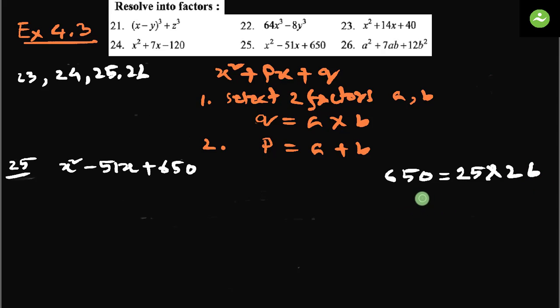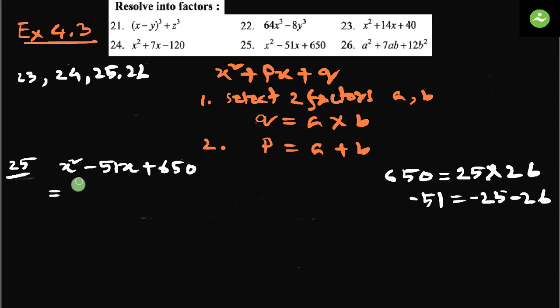And when we do the math, minus 51 equals minus 25 minus 26. We need two minus signs here, otherwise we cannot solve it, and that is why we select minus 25 and minus 26.